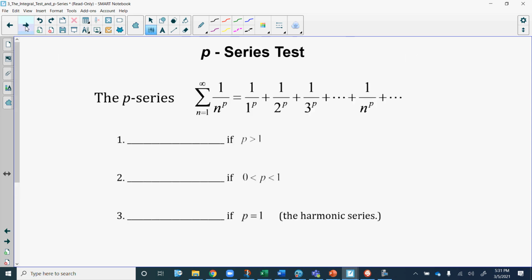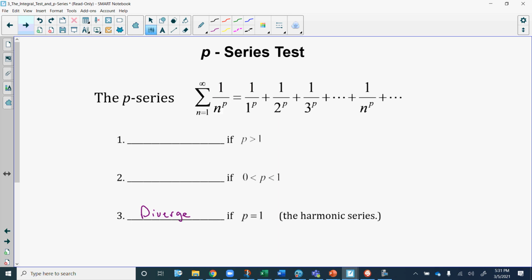In this case, if p is equal to 1, the harmonic series, well, we've already established that for the harmonic series, that one is going to diverge. So in a p-series, if the p value that we're looking at is equal to 1, that is going to diverge.